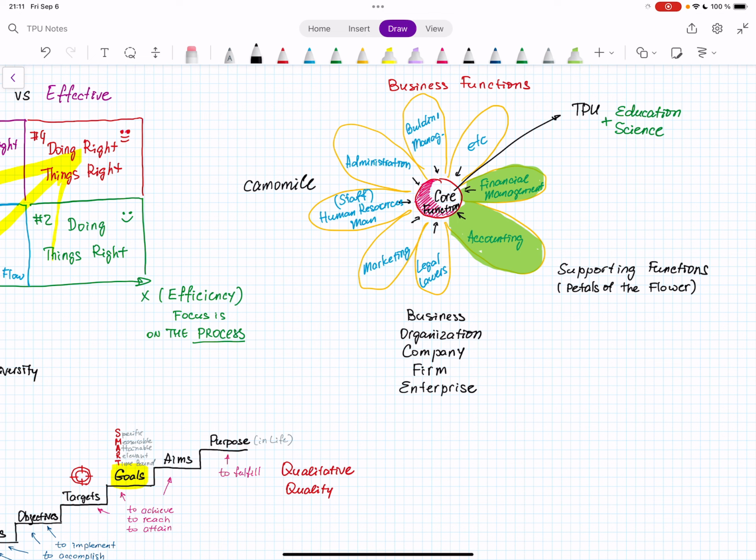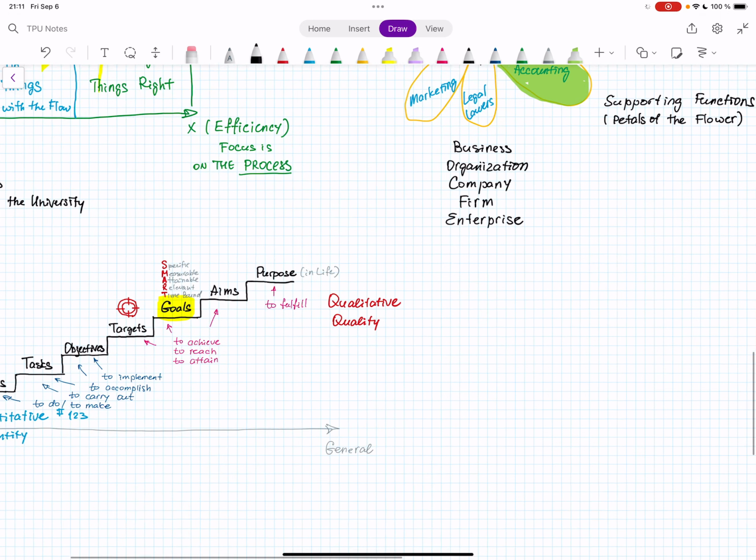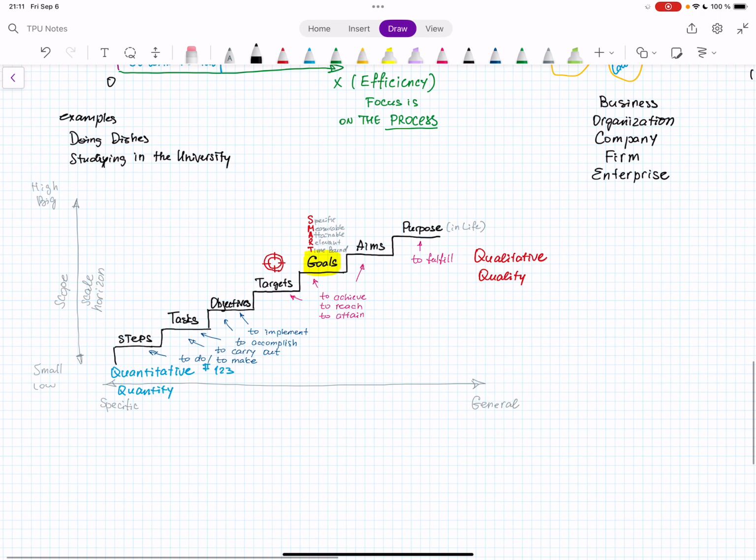We used the example of Tom's Polytechnic University, and we showed that financial management that we're going to study is part of the supporting functions. And we looked at different terminology for goals from very specific steps, tasks, objectives, to more general targets, goals, and aims. And finally, the most general, the purpose.